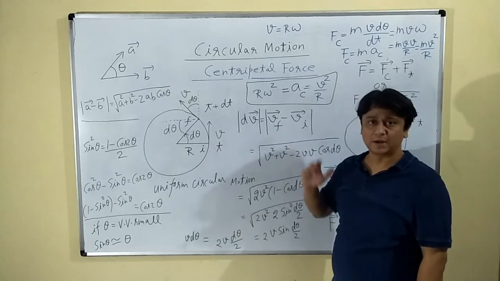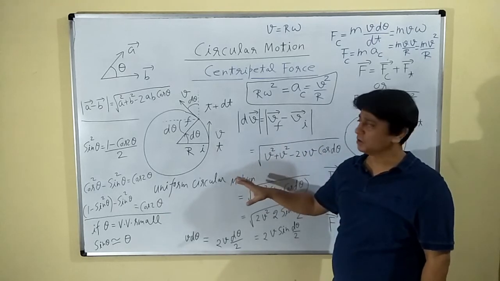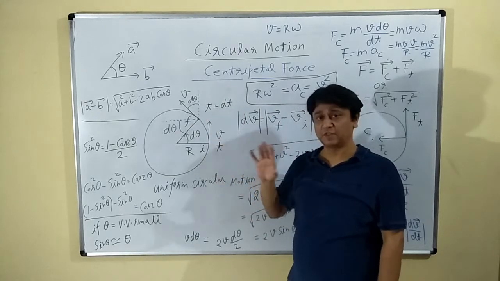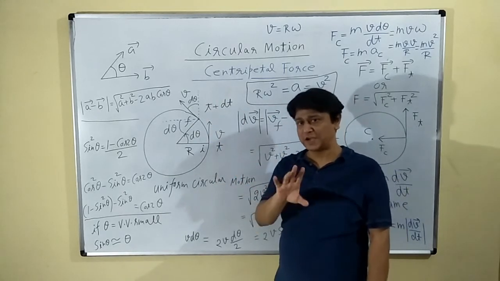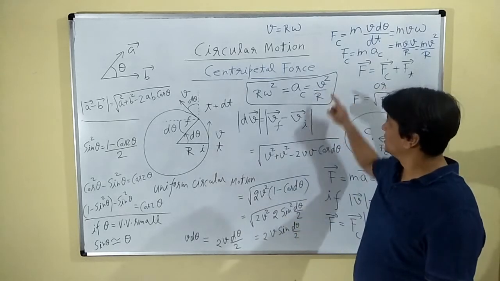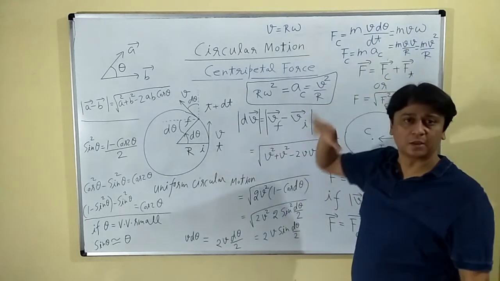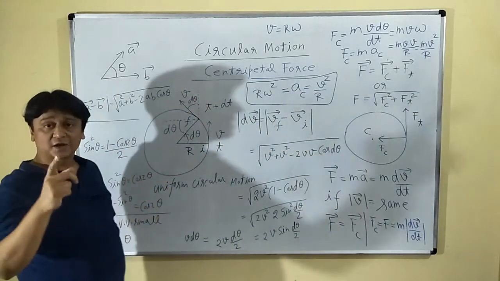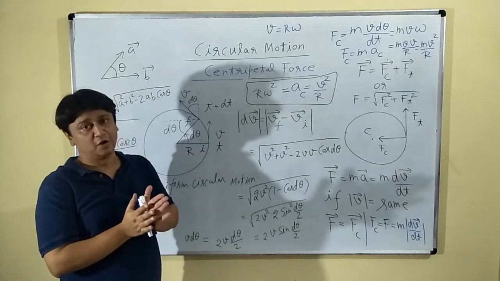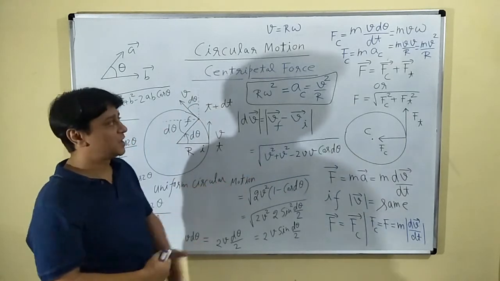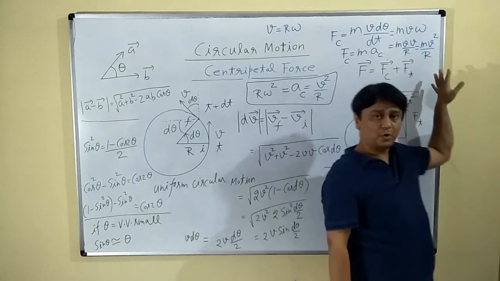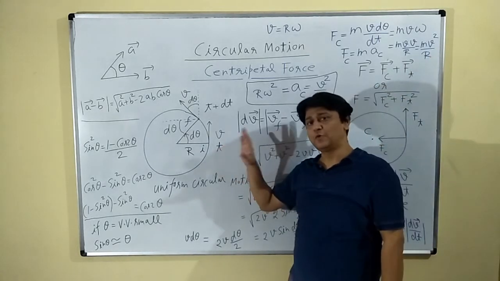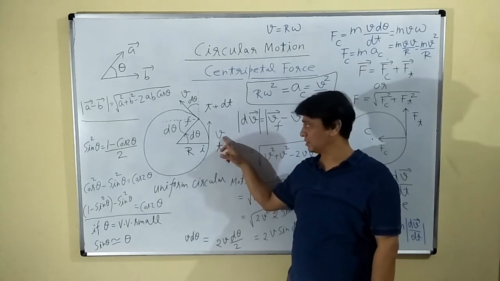Now, as I told you that if V is changing, even then your centripetal force will remain mv square upon r. क्यों रहेगा? एक तो लॉजिक इस तरह का है कि भाई डायरेक्शन चेंज करने का काम किसका था? सेंट्रीपिटल फोर्स का. तो फिर सेंट्रीपिटल फोर्स वाला पार्ट केवल क्या होना चाहिए? mv square upon r.